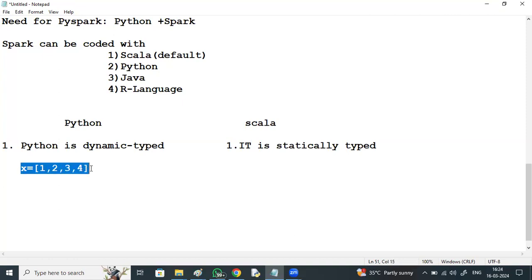If you assign a string, a string variable is created based on the value you assign.